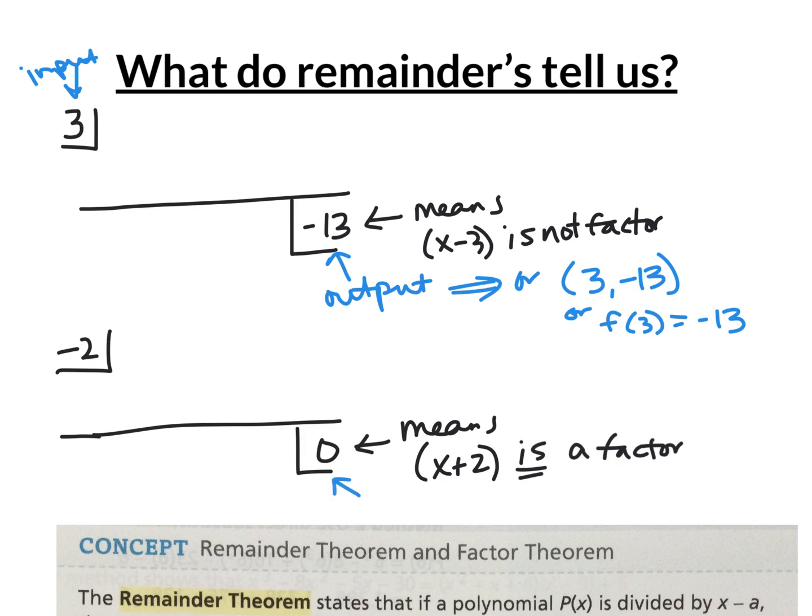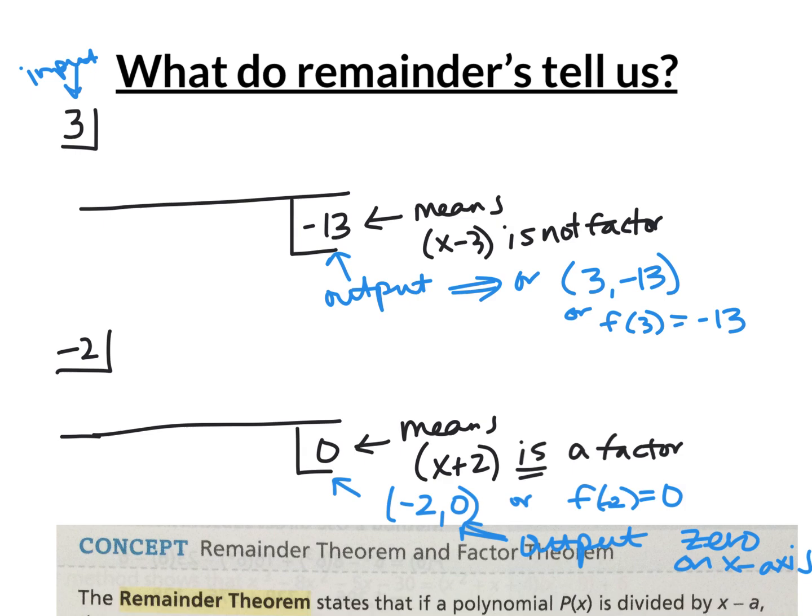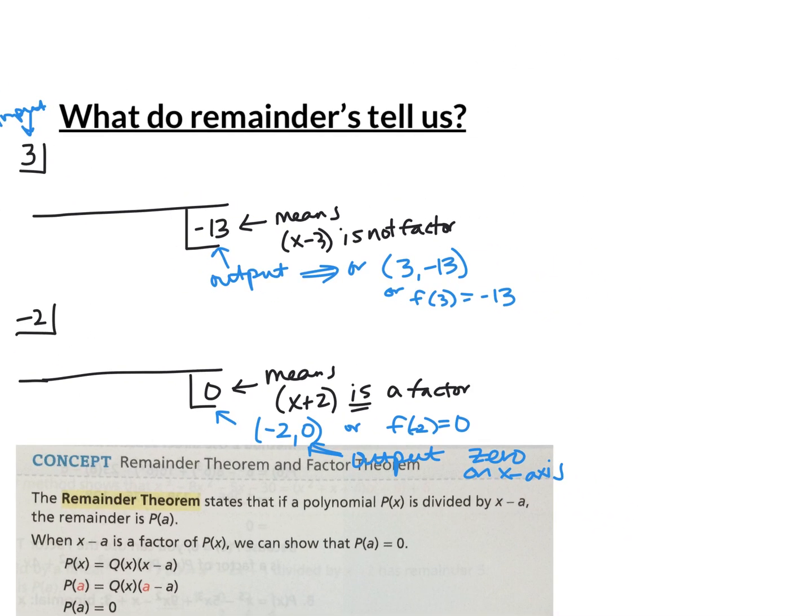If I do input, output, I can interpret that to mean negative 2, 0, or I can interpret that to mean f of negative 2 equals 0. Notice that when things are a factor, they have this output of 0, which would mean that the point itself is a 0 on the x-axis. And formally, these two things help us explain something called the remainder theorem and the factor theorem.